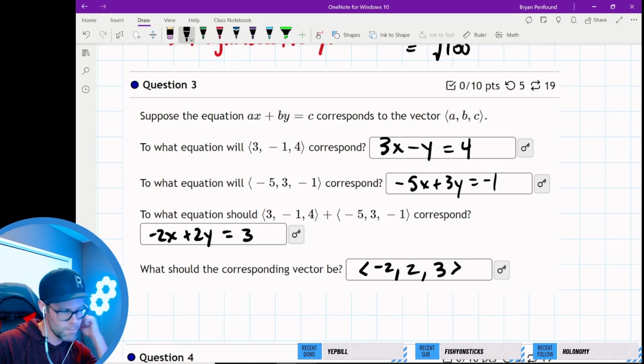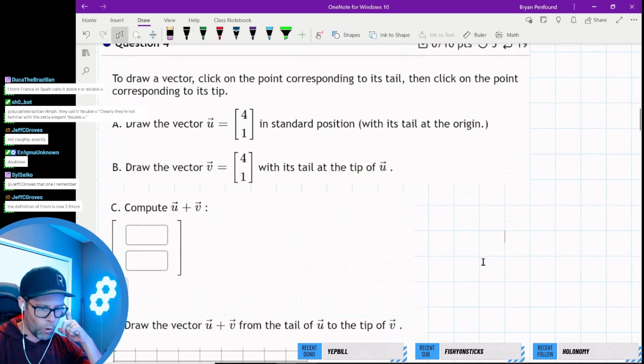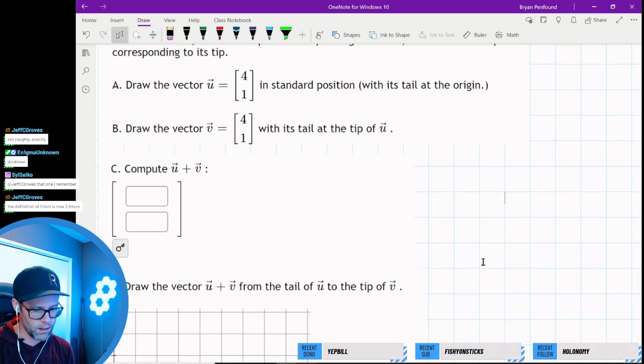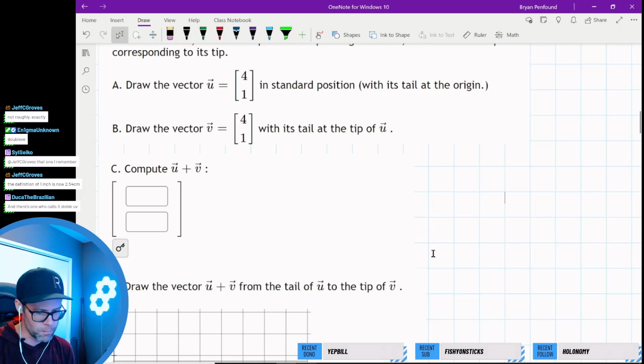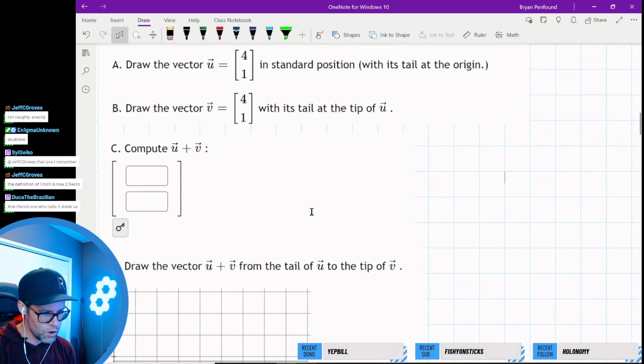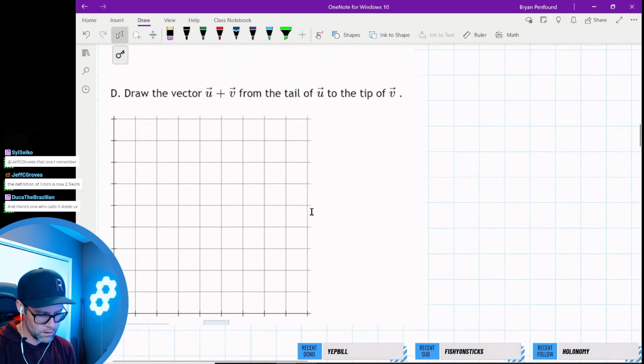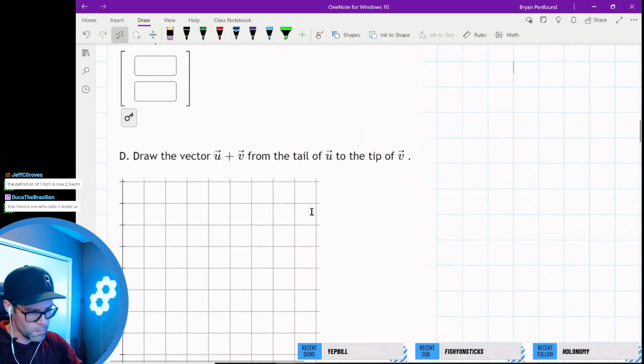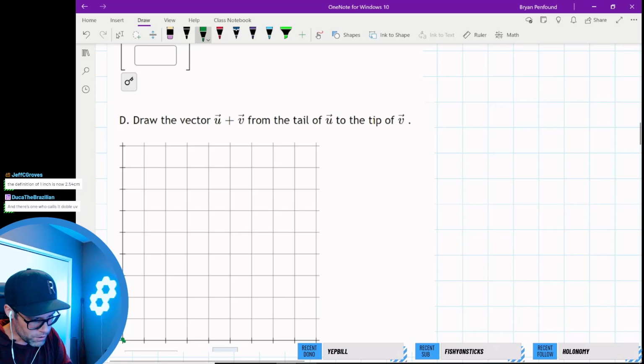That's cute. Draw the vector u, 4, 1 in standard position with its tail at the origin. Draw the vector v, 4, 1 with its tail at the tip of u. Compute u plus v. Let's draw it first. So we need 4 and 1 for vector u. So vector u is going to go 1, 2, 3, 4 over and 1 up.